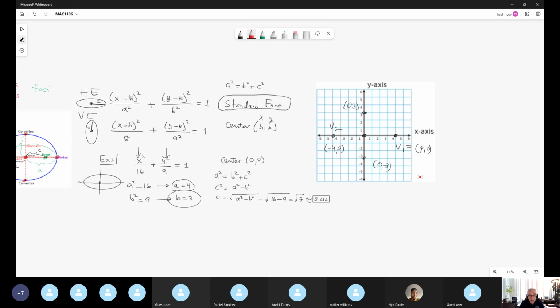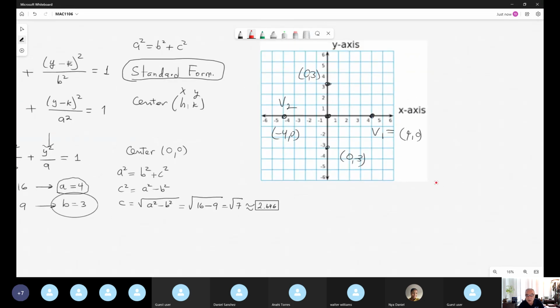The focus is located, important, on the major axis, not on the minor. The focus is at the distance 2.6, which using my common sense and imagination is 2 something. Here, I suppose it's 2.5, but a little bit more. This is focus 1, the point radical 7, 0. And this is focus 2, whose coordinates are minus radical 7, 0.